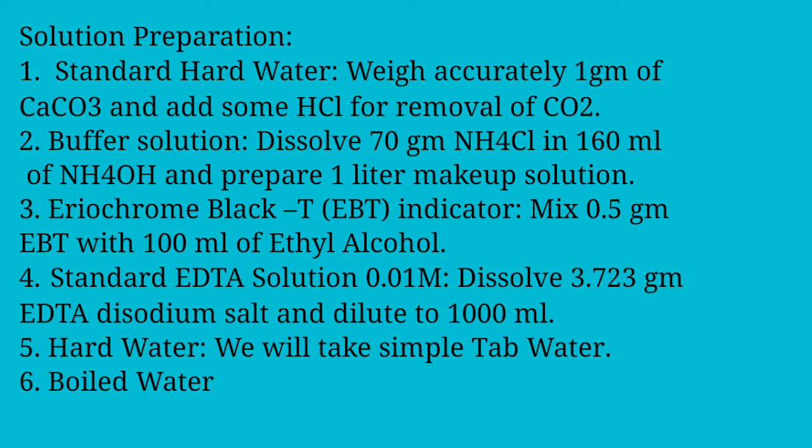Number 3 is Eriochrome Black T. Mix 0.5 gram dye with 100 ml ethyl alcohol. Number 4 is standard EDTA solution. Dissolve 3.723 gram of EDTA disodium salt and dilute to 1 liter solution. Number 5 is boiled water for permanent hardness, and number 6 is tap water for total hardness.